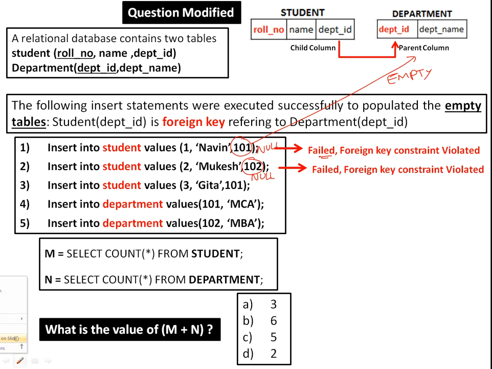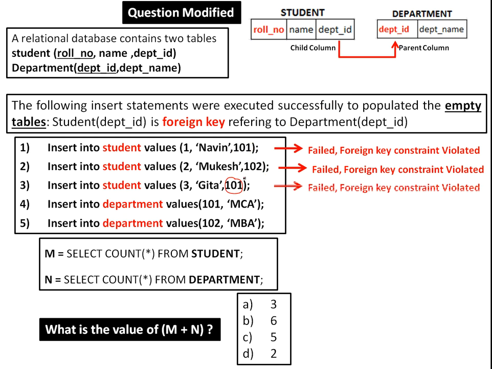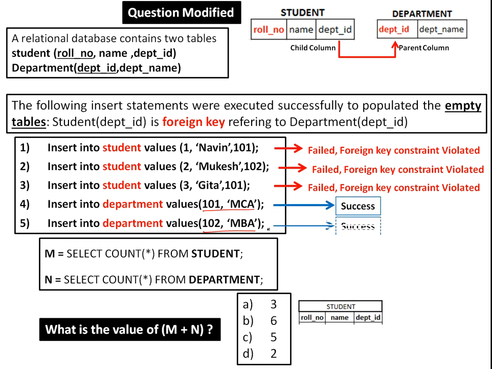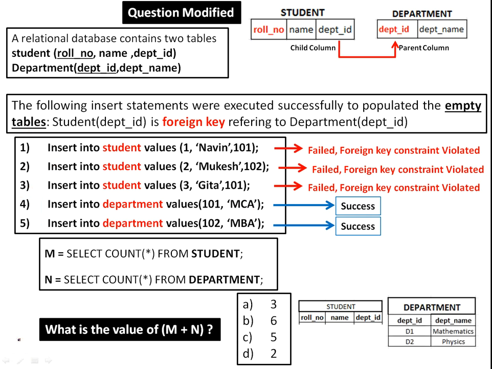So all records into the child will fail because parent records do not exist. Now insertion into the parent is always successful. That means if these 2 queries are written on top, then all these 3 will succeed. As you reversed it, it will fail. So the number of rows in student will be 0, everything in the child table will fail. This will succeed. So it will be 2, guys.